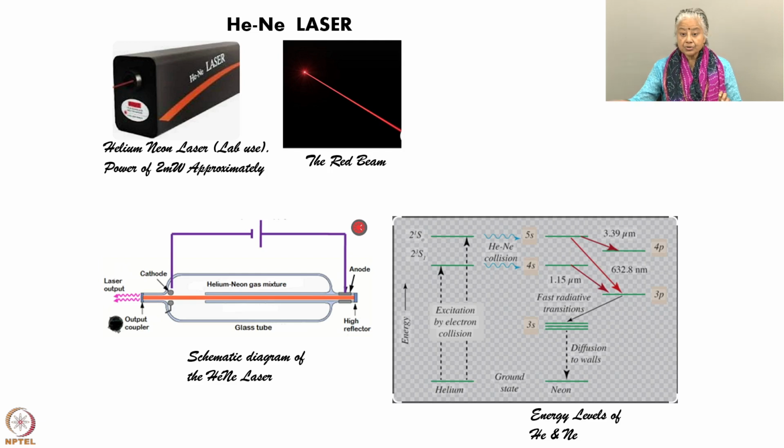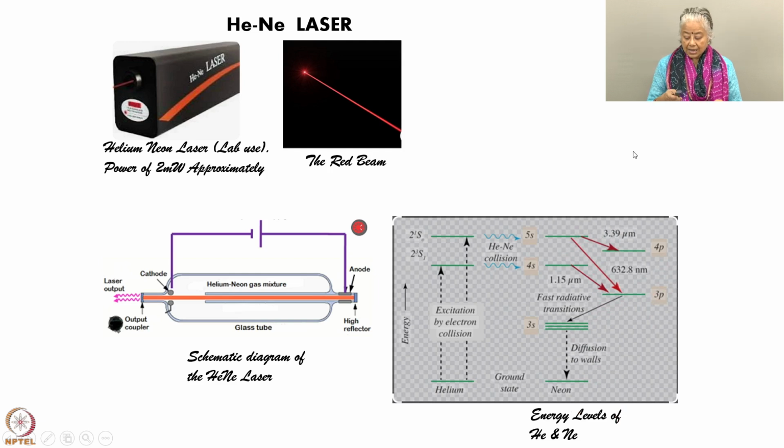So, helium neon is a 4-level system. Which are the 4 levels? This is 1, this is 2, this is 3, and this is 4. Okay? This is the ground, 1, 2, 3 and 4. Because it's a 4-level system basically.